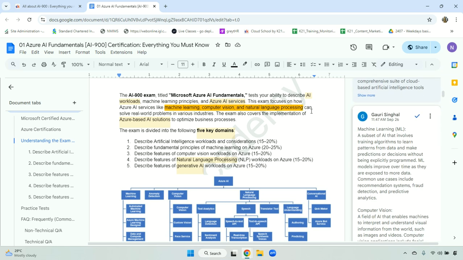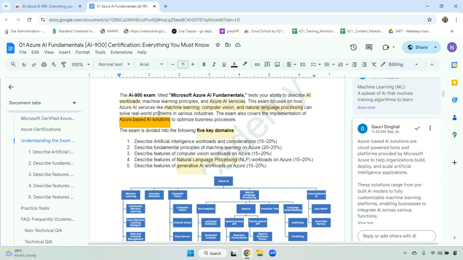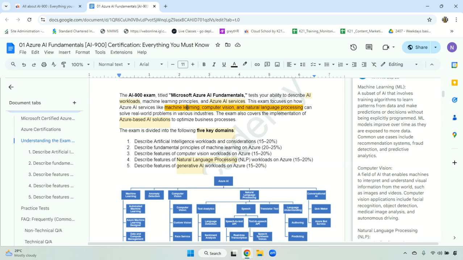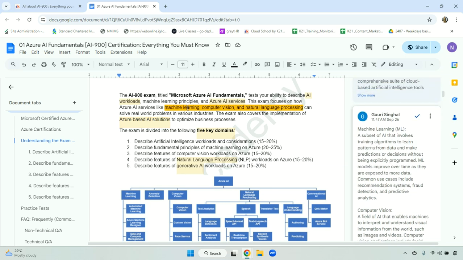This exam focuses on how Azure AI services, like machine learning, work. What is machine learning? Somebody might be very new to what machine learning means. Machine learning is a subset of AI which involves training algorithms to learn patterns from data to make predictions or decisions without being explicitly programmed.